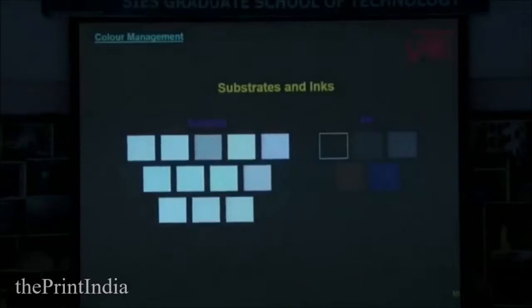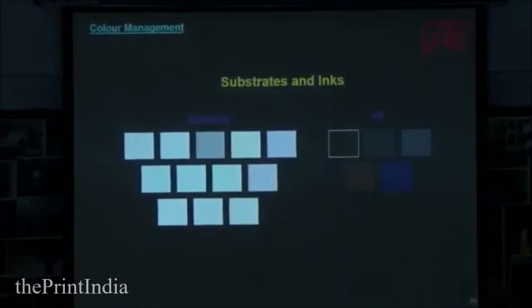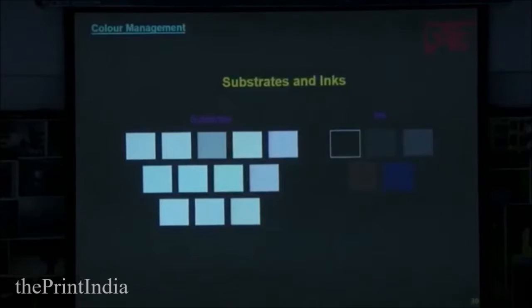Then substrates. You print on different types of papers: matte litho, art paper, board, synthetic papers like Tyvek, or substrates like aluminum foil or whatever, and ink. So when you print, you cannot print a lighter tone than your paper.